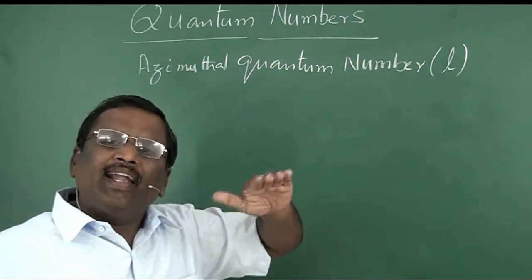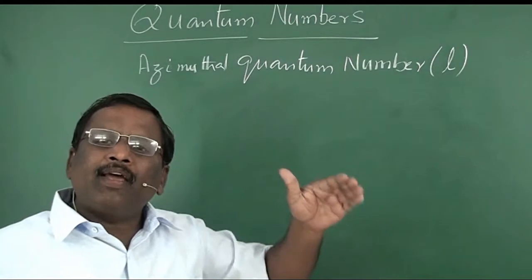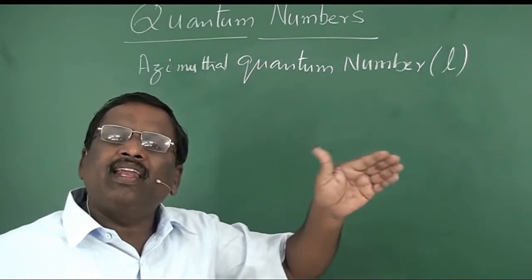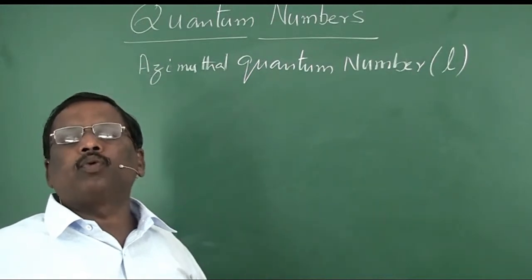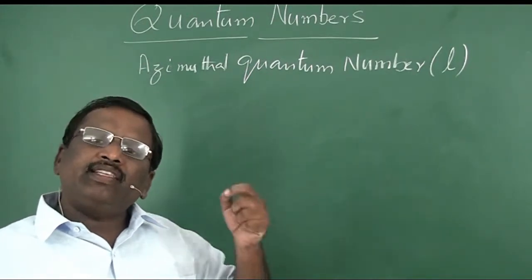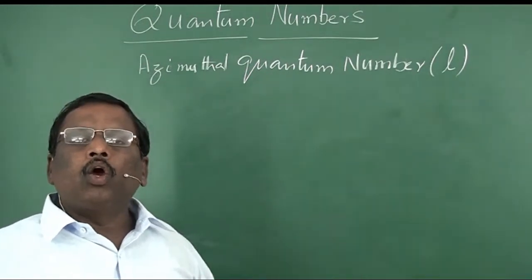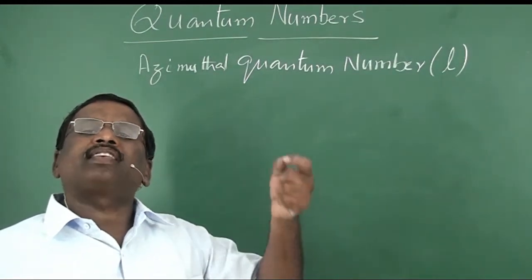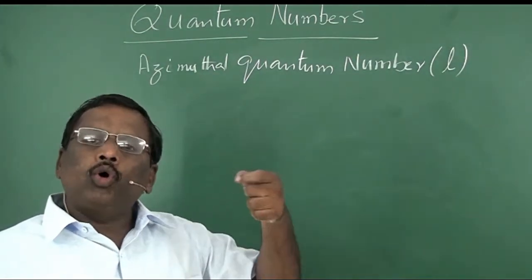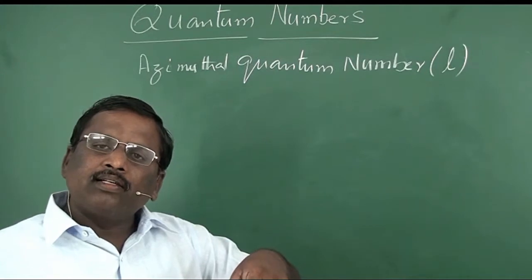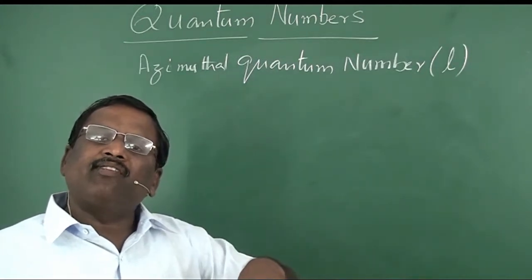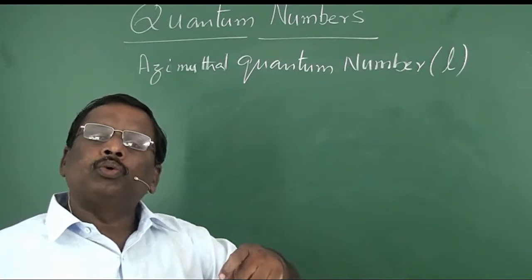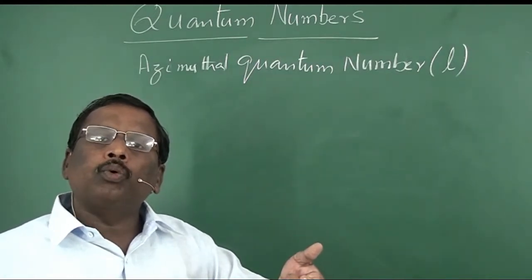He had no idea regarding the sub-energy levels present in the main energy level. But Sommerfeld proposed that each main energy level has some sub-energy levels, and the number of sub-energy levels present in a main energy level is equal to its n value.